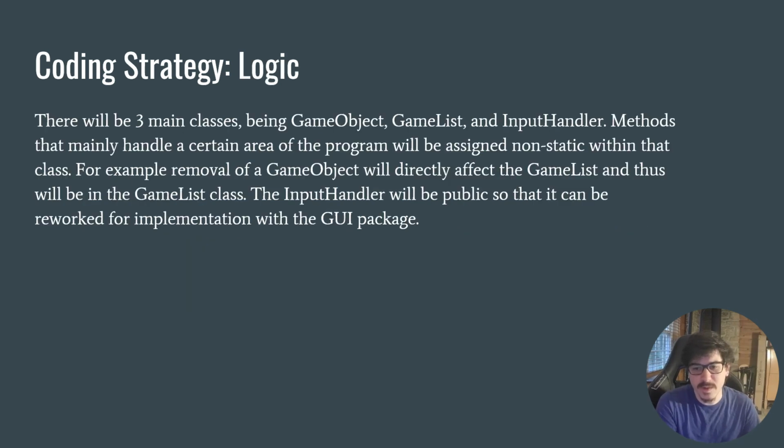So there's going to be three main classes: the game object, game list, and input handler. The methods are going to be non-static, so a lot of these are going to be within the game list, where the linked list is able to be kept track of. Part of that is so that we don't need to call a reference to the game list for every single function, because it's going to be embedded into it at runtime.